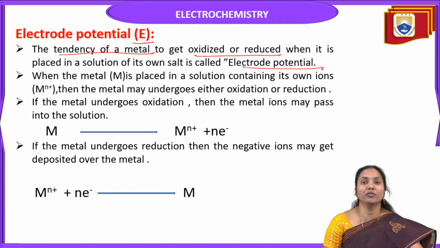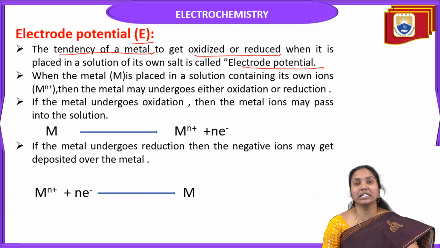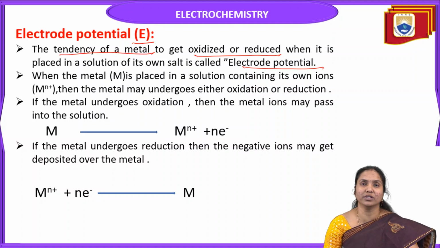For example, a zinc electrode dipped in zinc sulfate solution, the same electrolyte, its own salt. When zinc undergoes oxidation, it loses electrons; otherwise it is reduced, gaining electrons.